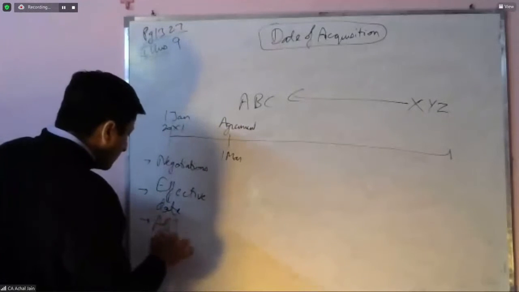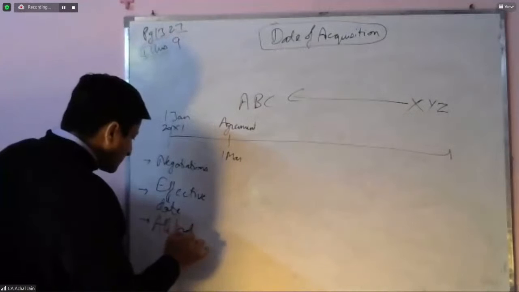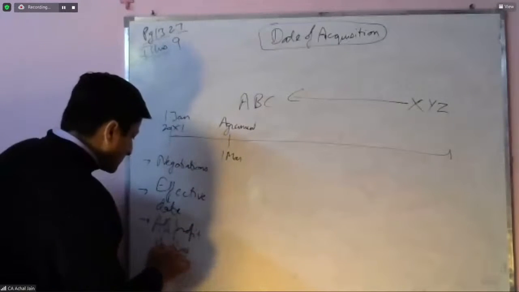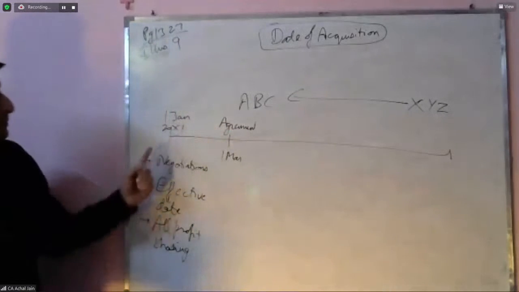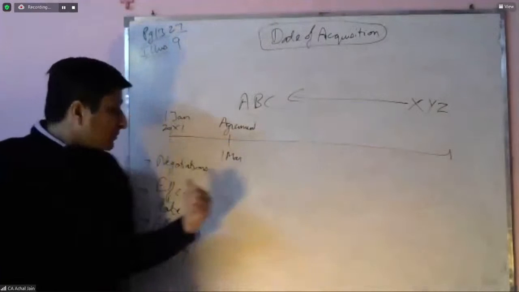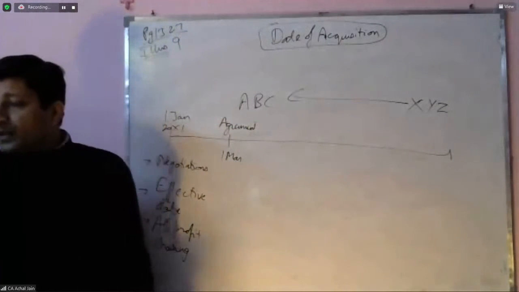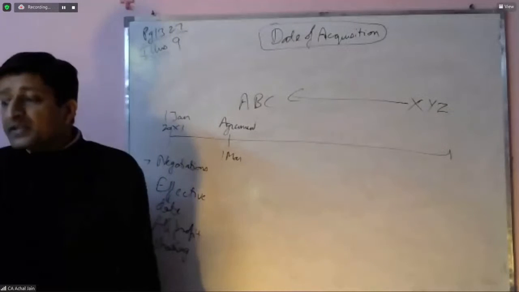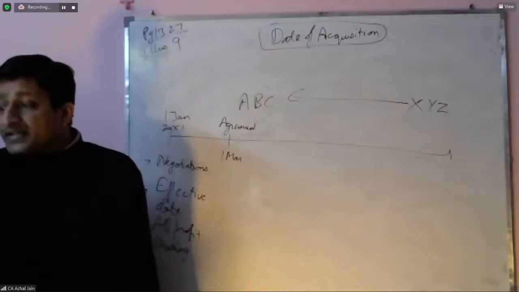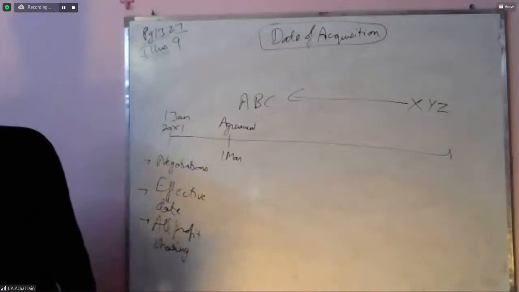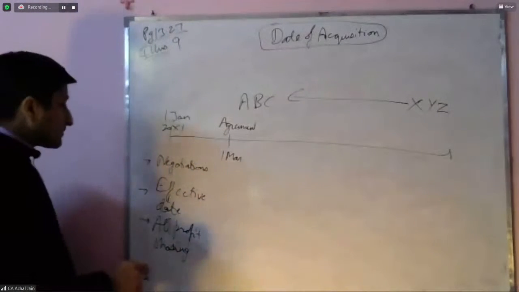And all profits sharing starts from this date. Means ABC will start getting share of profits of XYZ from this date itself. In addition, purchase price is based on net asset position of XYZ as at 1st January 2000X1.